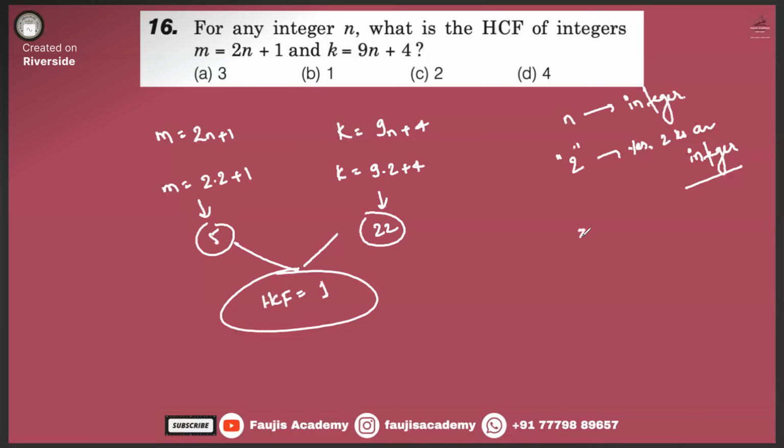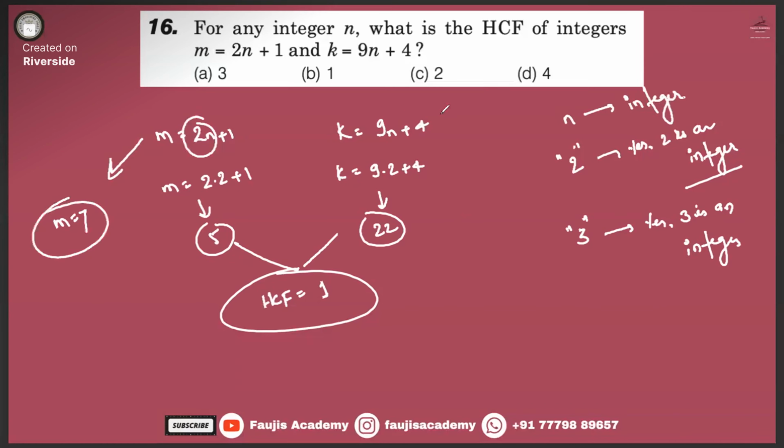Let's take another number. Is 3 an integer? Yes, 3 is an integer. So how will this value become? m is equal to 2n, that means 6 plus 1, 7. And k is equal to how much? 31.